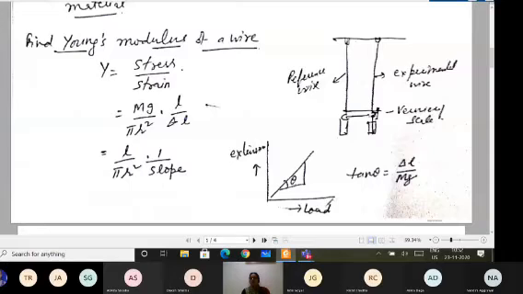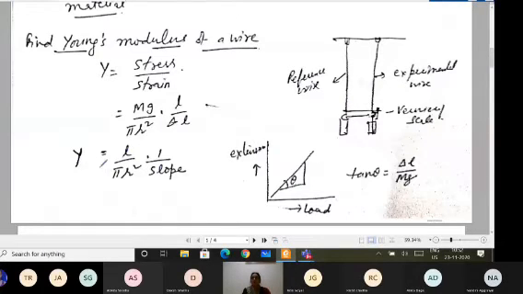When you change the value of the load applied, you can find the extension, you can find the slope of the graph, delta theta, that will be given by delta L upon mg. L is the actual length, that is the reference wire length, that is known to you. Radius you can calculate by using the screw gauge, and from the slope of the graph you can put the value 1 upon slope to find the Young's modulus of elasticity.